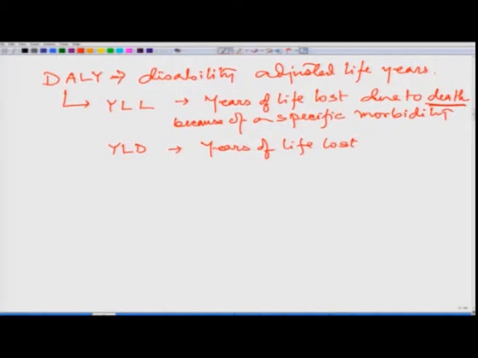And years of life lost due to that morbidity, due to a specific morbidity.